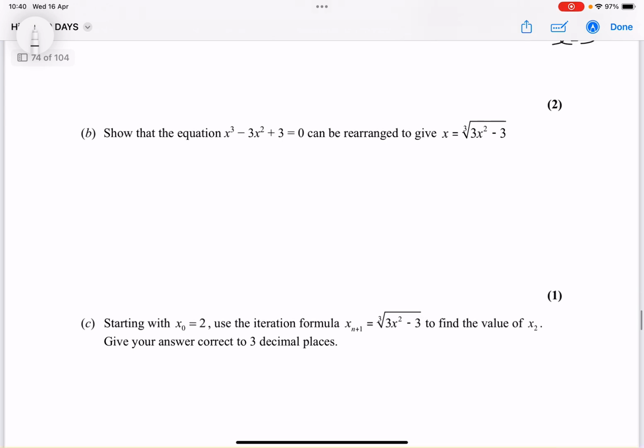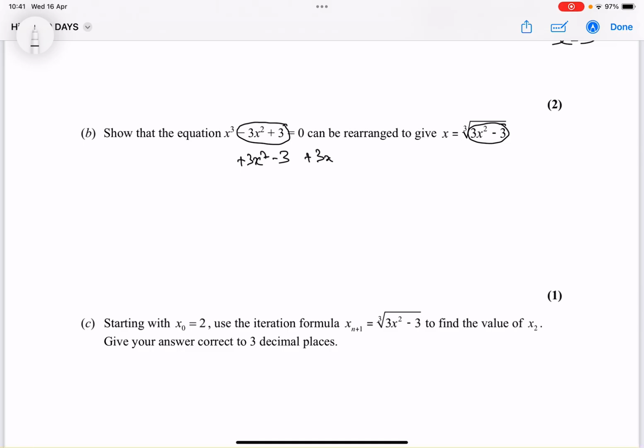Showed the equation can be rearranged. This one, it's interesting that I can see that bit nearly in there, so the signs have changed. So I'm adding the 3x squared and taking the 3. I'm going to do it in one go.